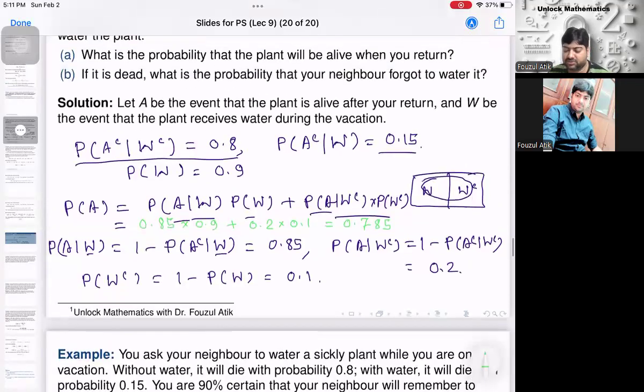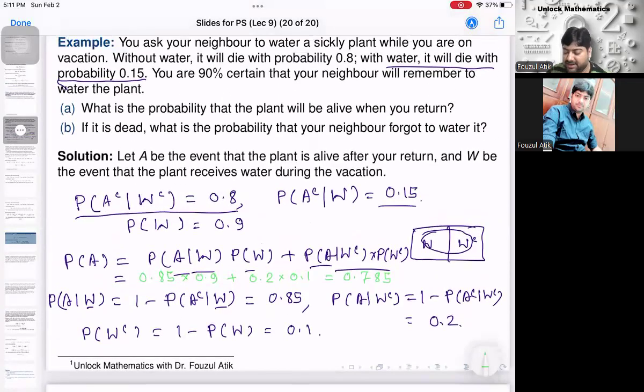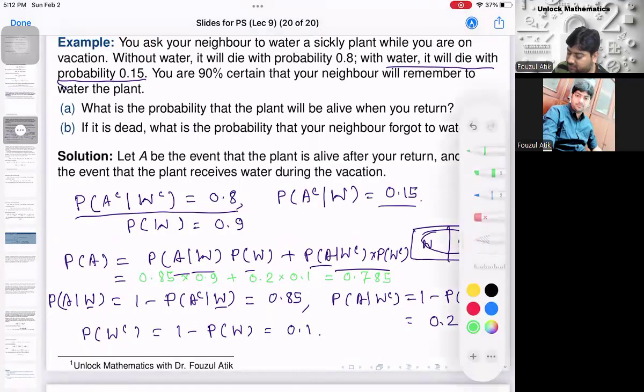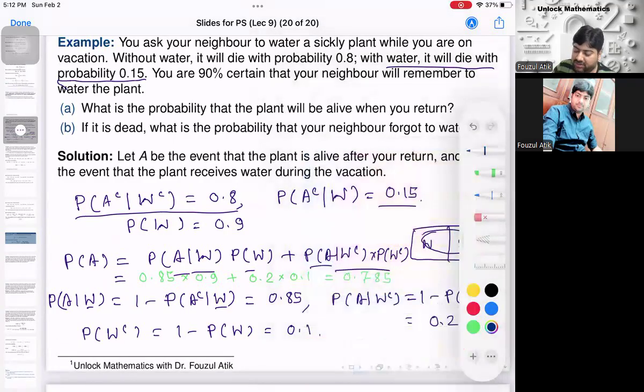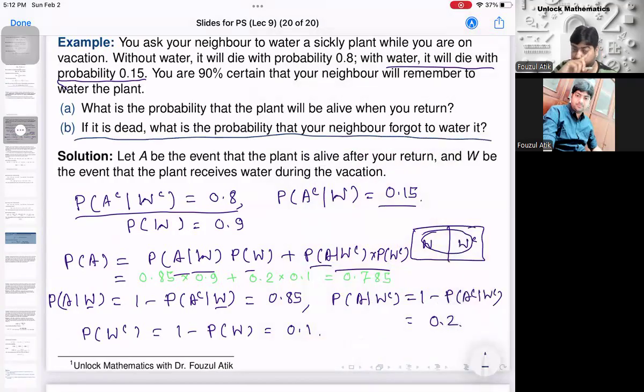Now look at the next question. If it is dead, what is the probability that your neighbor forgot to water it? If it is dead means A complement.